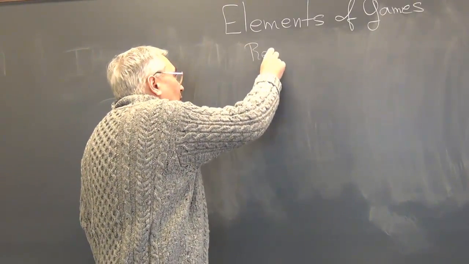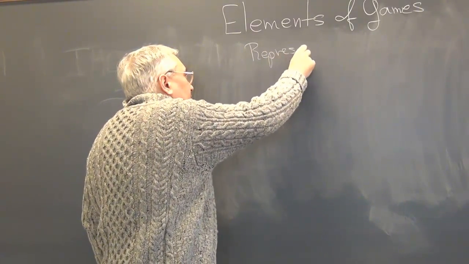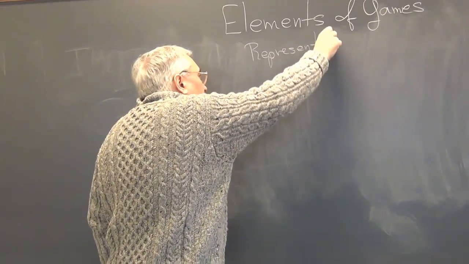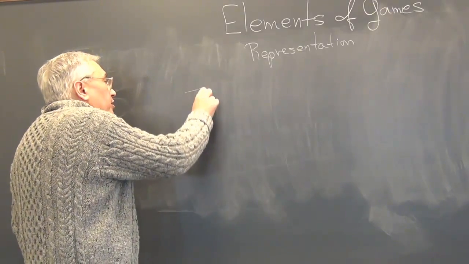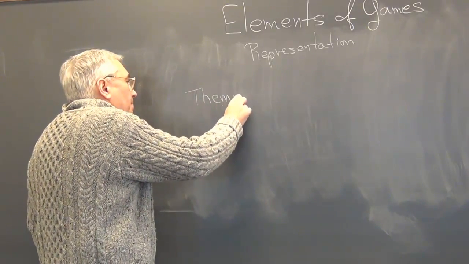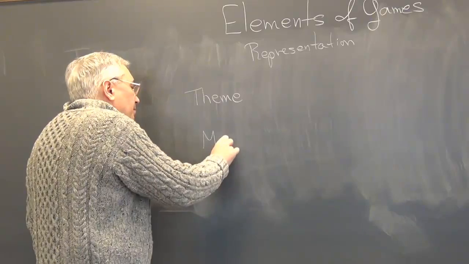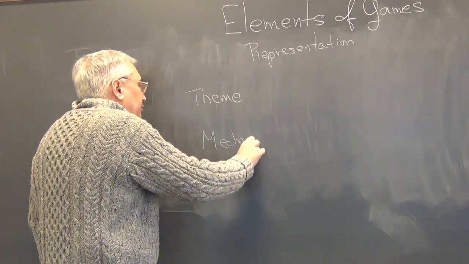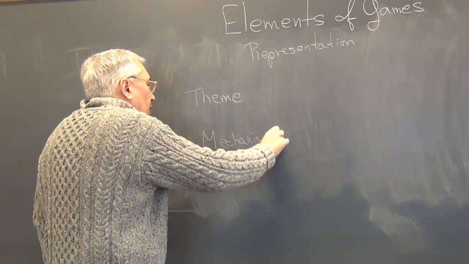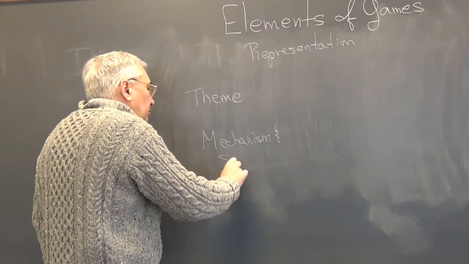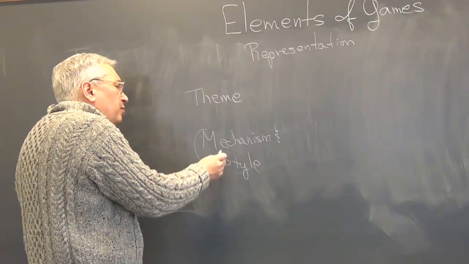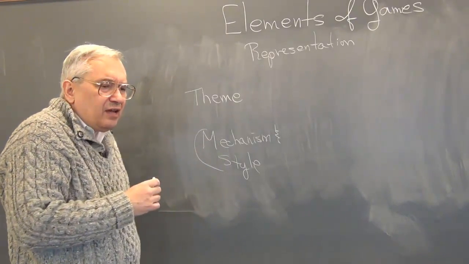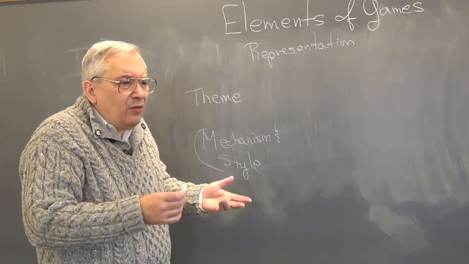one of which is representation. And another of which is theme. And then there is mechanism and style. And those, if you read the first edition book, I tried to separate these, and I finally concluded, no, they just don't want to separate.